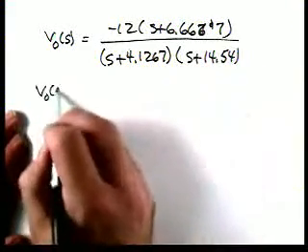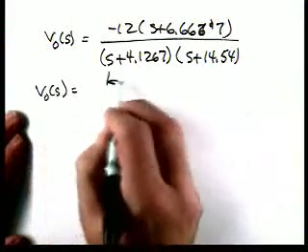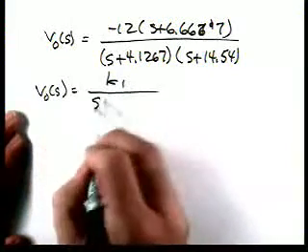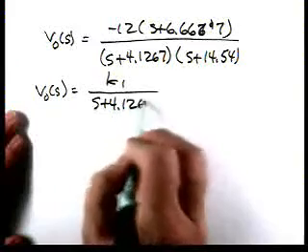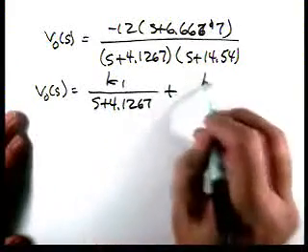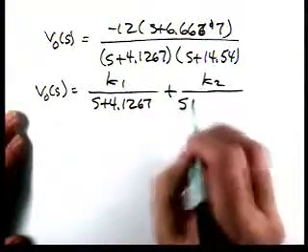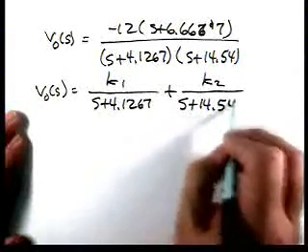And our partial fraction expansion then is K1 over S plus 4.1267 plus K2 over S plus 14.54.